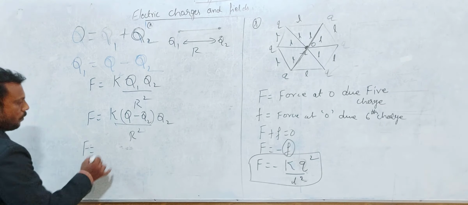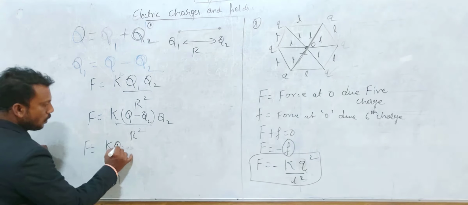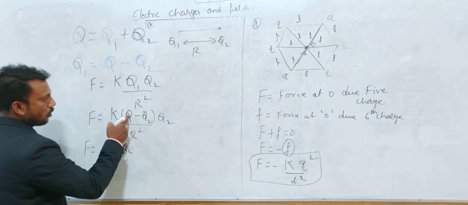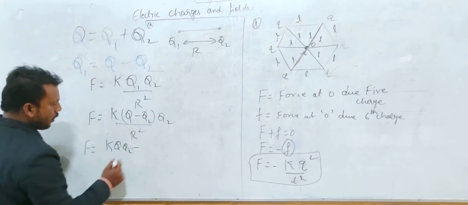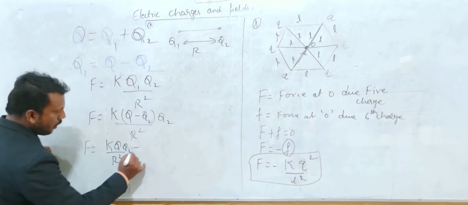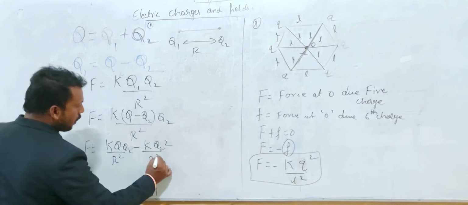F is equal to K Q Q2 divided by R square minus K Q2 square divided by R square. Okay.